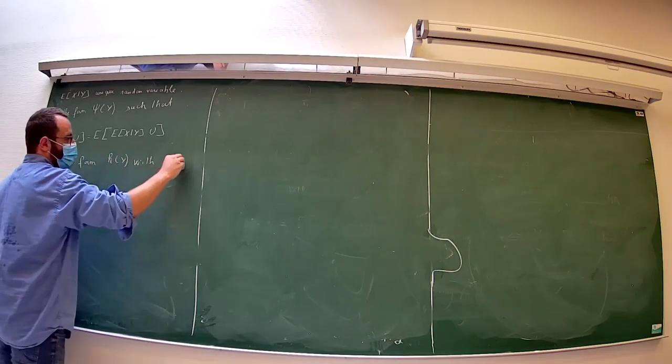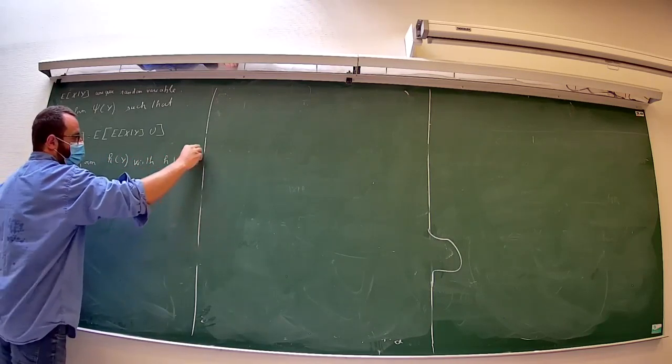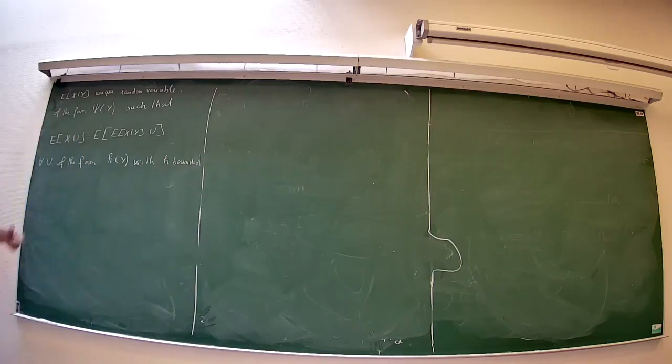h bounded. What I have done here is just copy the definition of the conditional expectation of x given sigma of y, keeping in mind that if I am sigma of y measurable, I am just a function of y.